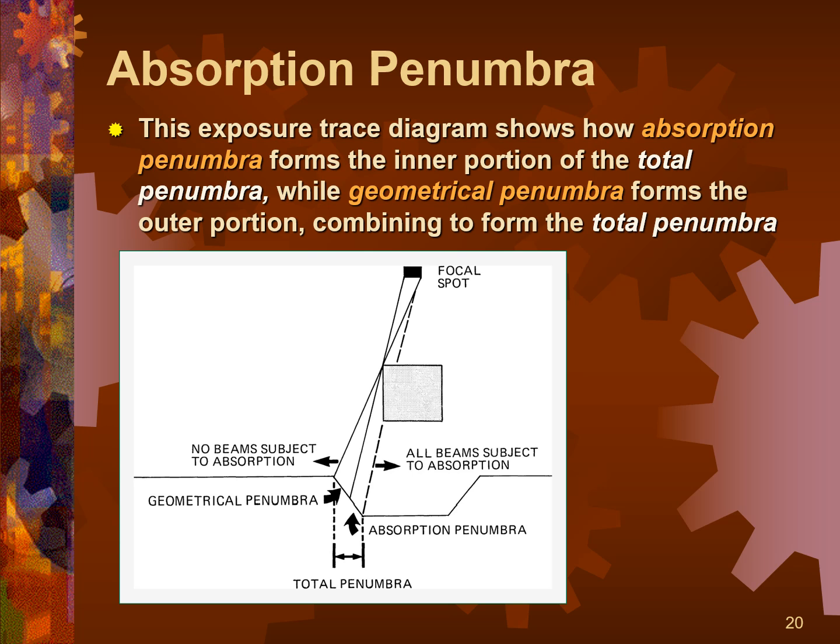So the source of the geometric penumbra definitely is the focal spot. The girth or the width of geometric penumbra is the focal spot size times the OID to SID ratio, okay? Which are the lengths of the other sides of those vertical triangles.